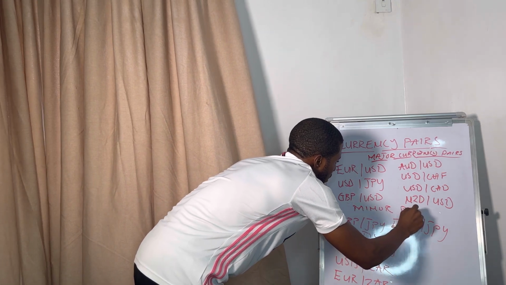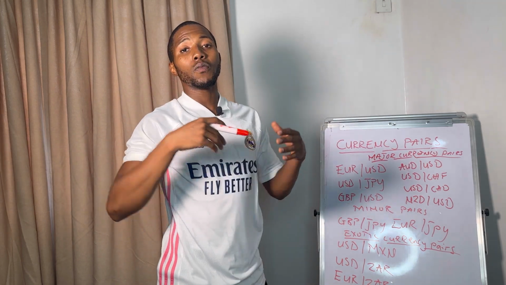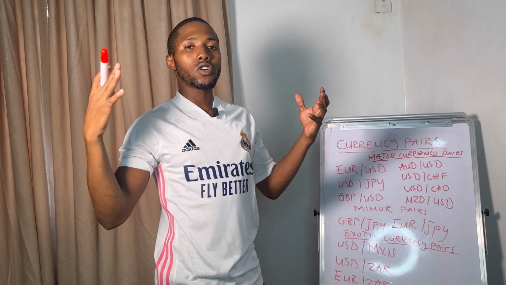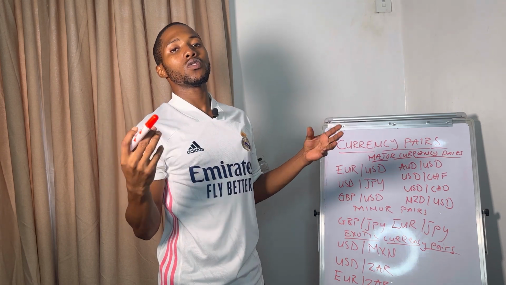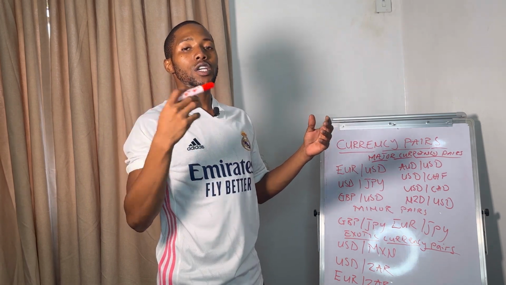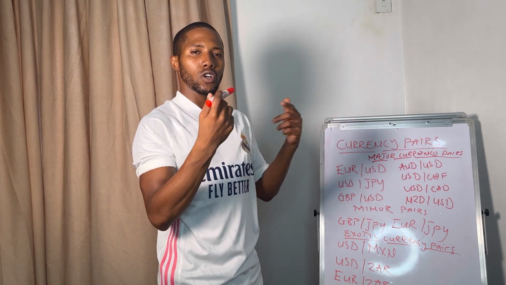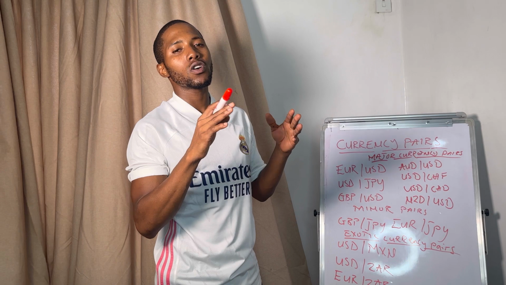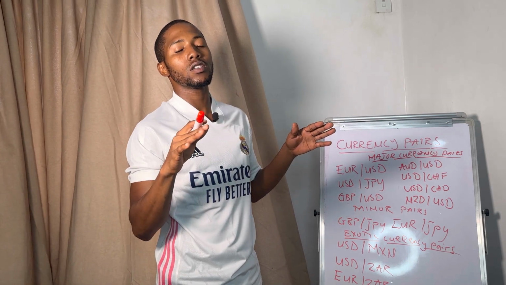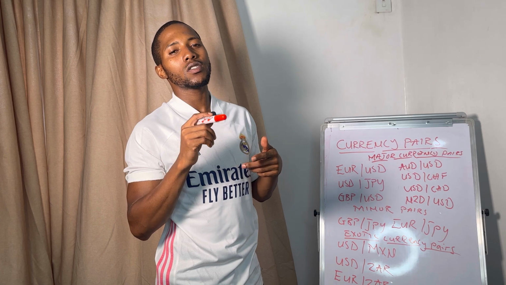Let me brush through them. Major currency pairs are from big global economies, each paired with the United States dollar. Minor currency pairs are pairs of one major economy's currency with another, aside from the United States dollar. So when you hear a minor currency pair, there is no US dollar in it, and when you hear a major pair, the currency is paired with the US dollar.